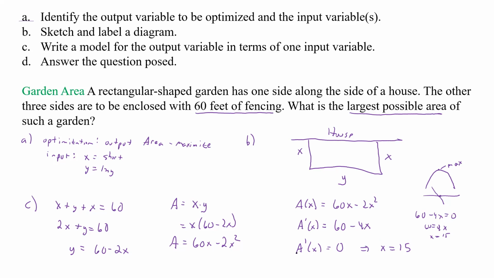But that's our x. Well, guess what? We can now find y. y is equal to 60 minus 2 times 15. Well, 60 minus 2 times 15 is going to be 60 minus 30, which is 30. Okay. So, what does that say? Now let's make sure we have all of it. What is the largest possible area of such a garden?